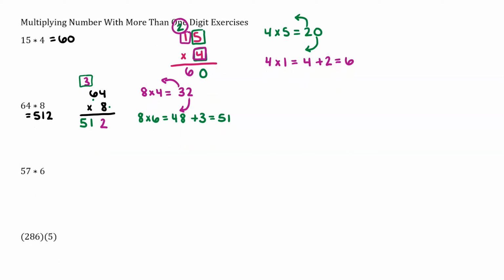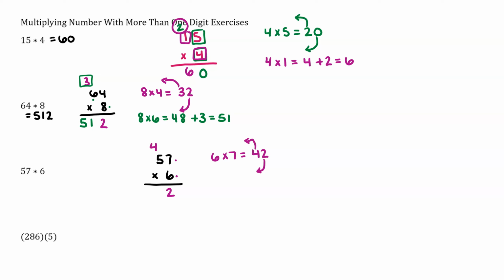Let's try another one. 57 times 6. So we're going to multiply 6 times 7. That makes 42. So the 2 is going to come downstairs, and the 4 is going to get carried upstairs.